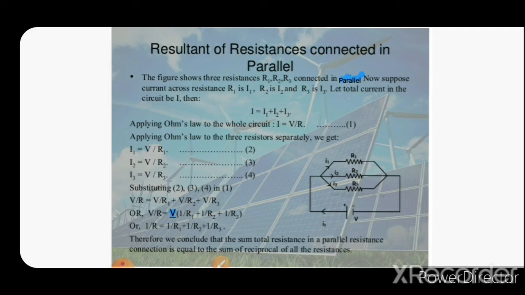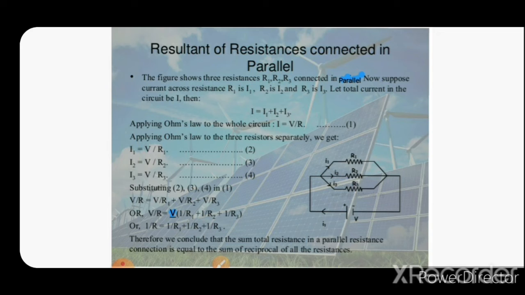Now suppose the current across resistance R1 is I1, across R2 is I2, and through R3 is I3. Let the total current in the circuit be I. I is the total current, and it splits through the various resistors.